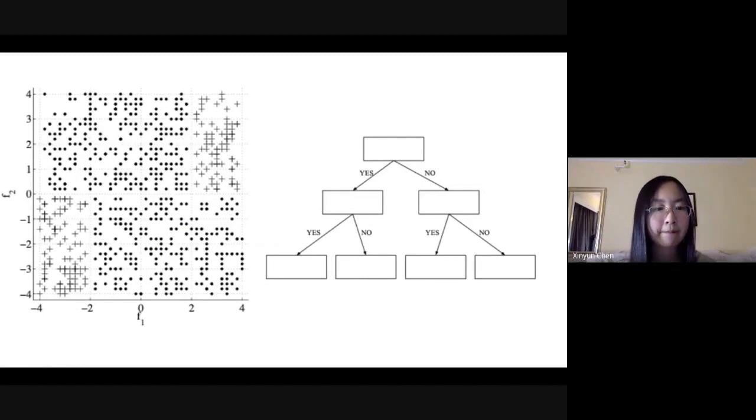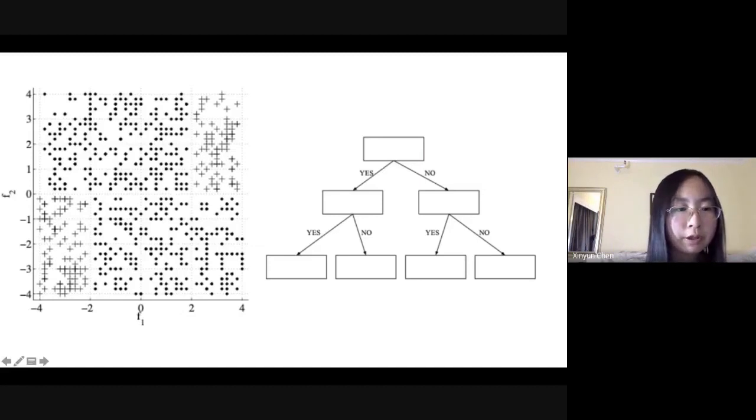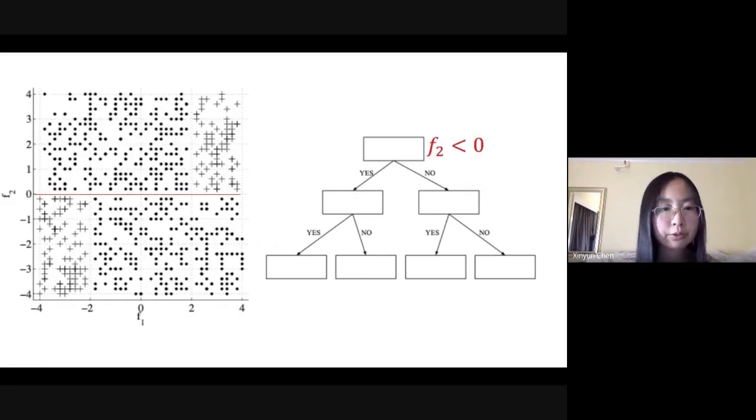Actually, although this scatter plot seems pretty complicated, it is separable with this decision tree. So first, let's do a split over F2 here.